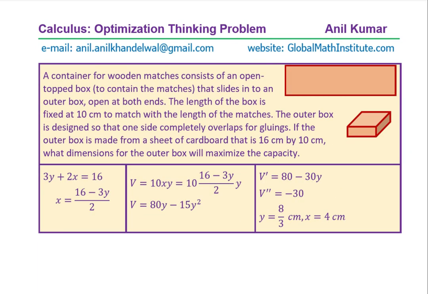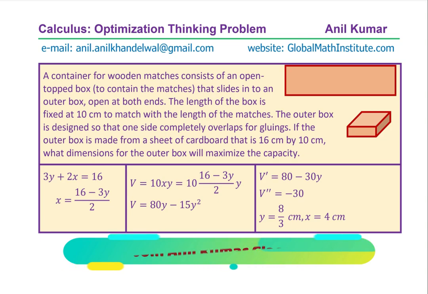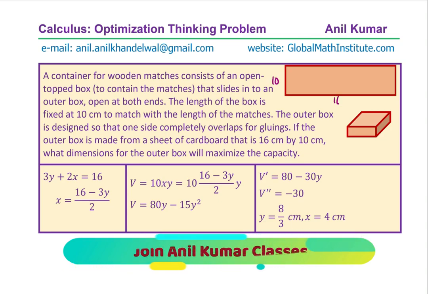Here is the complete solution in short for you. We began by understanding that we have this cardboard strip, which is 10 by 16, which we are folding, and that is the overlap y. This is x and this is 10. The whole length of 16 is equivalent to 3y plus 2x.